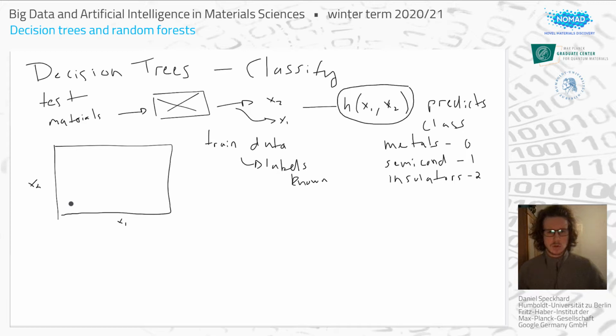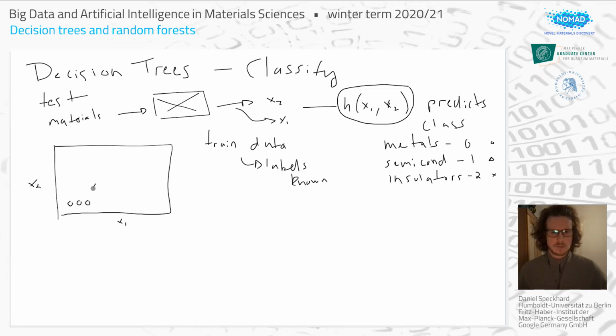So imagine, our metals, we'll use maybe a circle here. For semiconductors, we'll use a triangle, and for insulators, we'll use maybe an X. If that's not too confusing. So imagine we get 3 materials that we knew were metals, and they show up here. They have x2 and x1 values of these respective points.